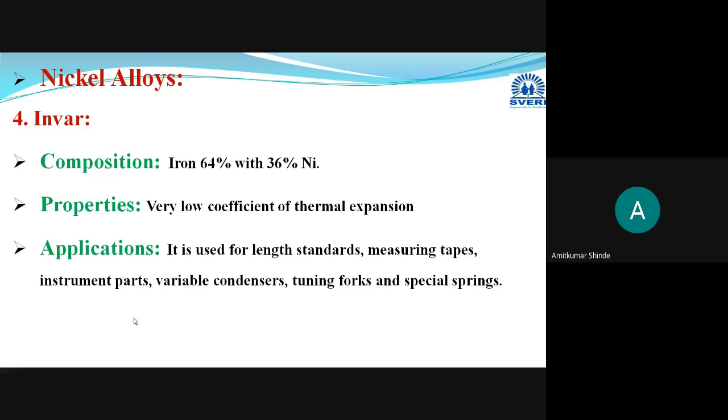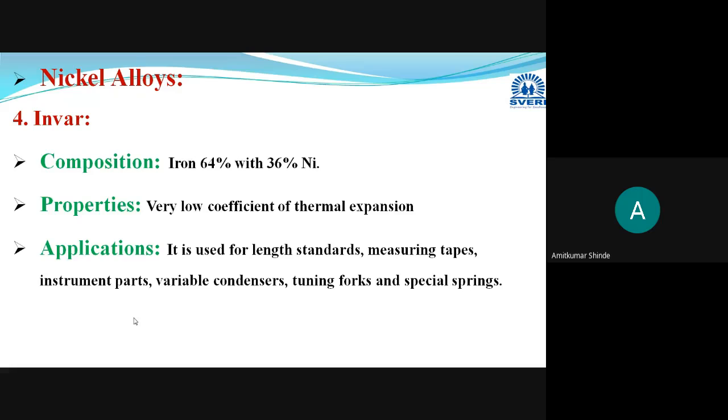Now what is the basic or very important property this Invar has? It will have a very low coefficient of thermal expansion. That's why these are used in different types of measuring instruments. It may be measuring tapes, length standards, or different instrument parts where precision measuring is required.